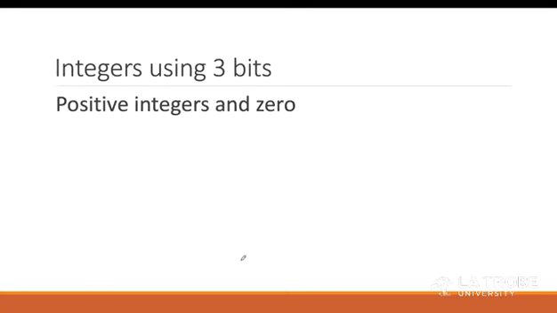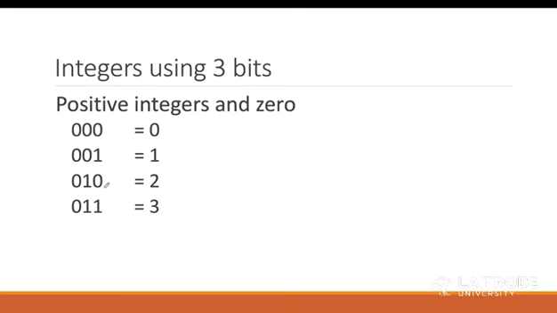Now let's take an example of an integer that is of 3 bits. For positive integer representation, how will you represent 0 if the bits that we are considering is 3? 0 will be represented as 0 0 0, 1 will be represented as 0 0 1, 2 will be represented as 0 1 0, and 3 will be represented as 0 1 1.